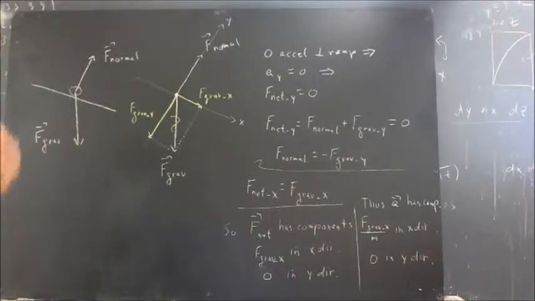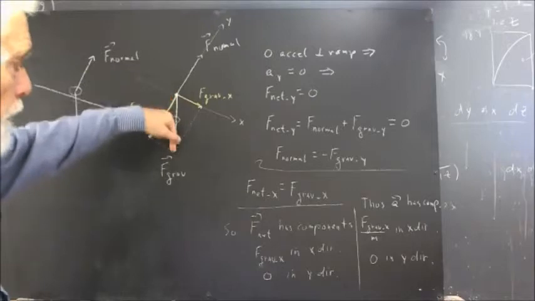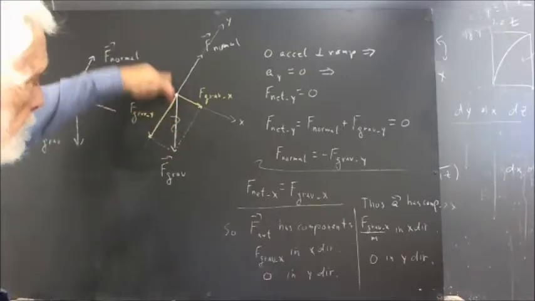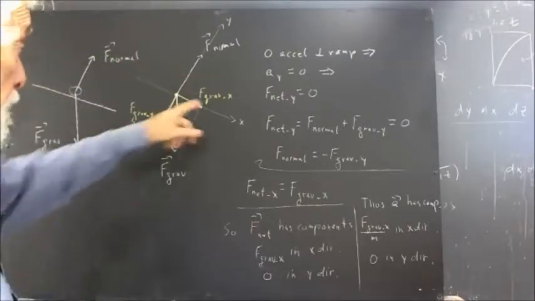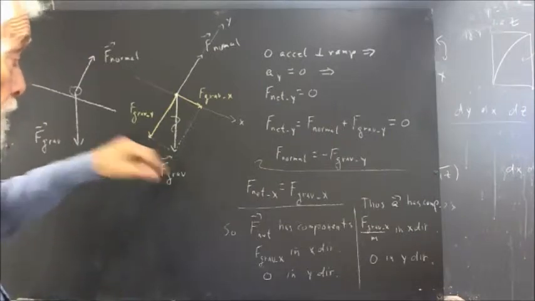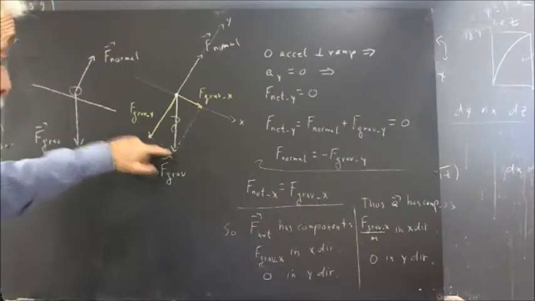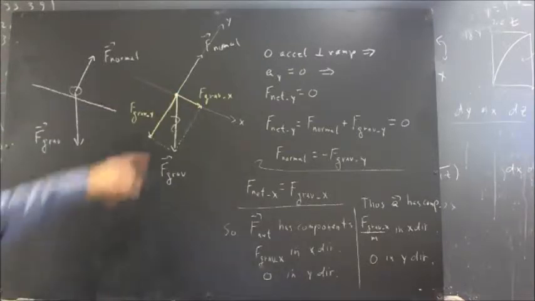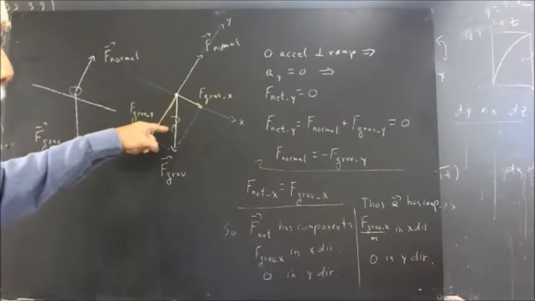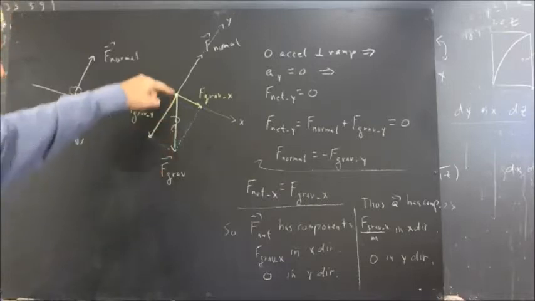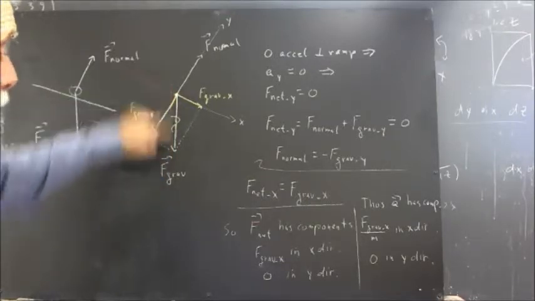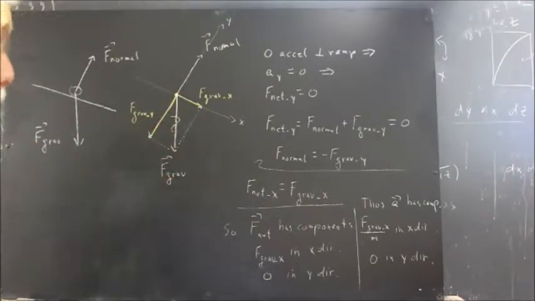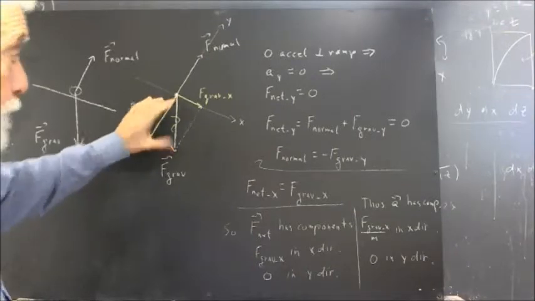Now, one important point. I have the gravitational force, then I drew the components, the x and the y components of the gravitational force, just by projecting the gravitational force onto the y-axis and onto the x-axis. At that point, I drew this little wavy yellow line to indicate that I'm throwing away this vector, although it's still in the picture. It's not really there anymore.